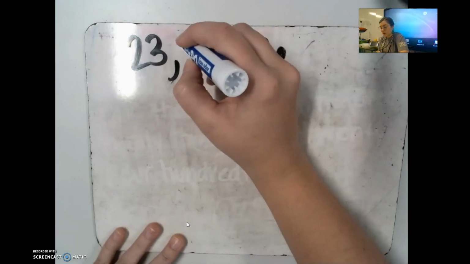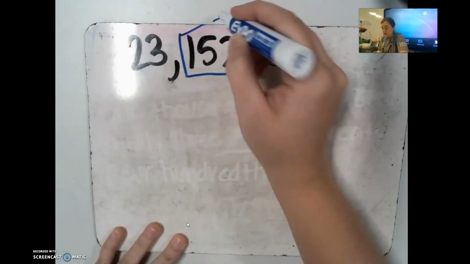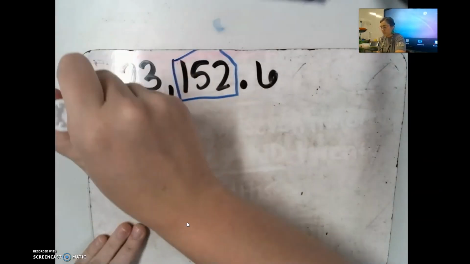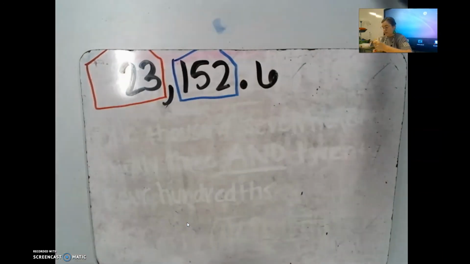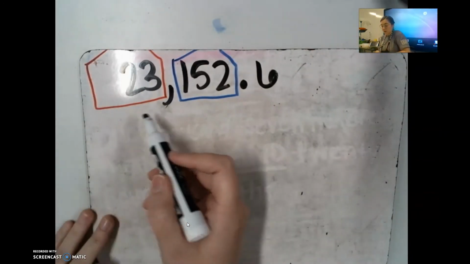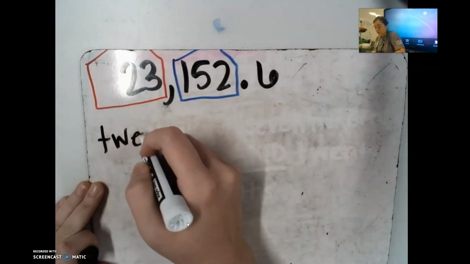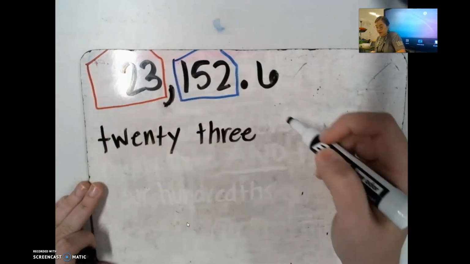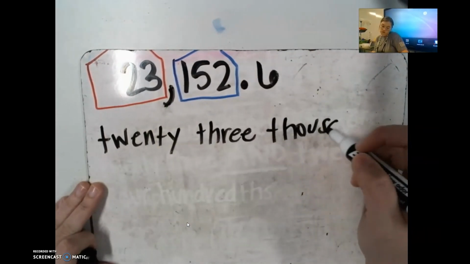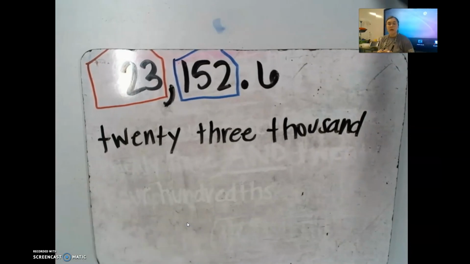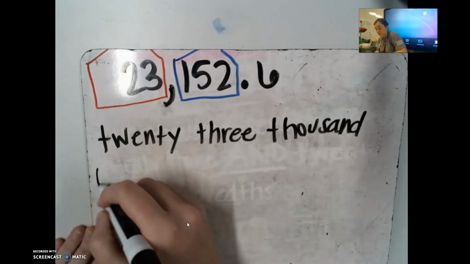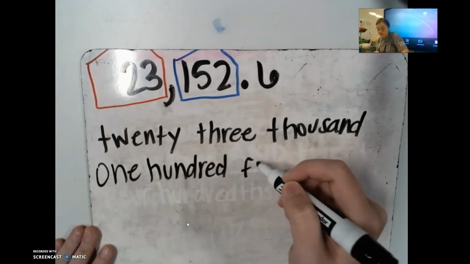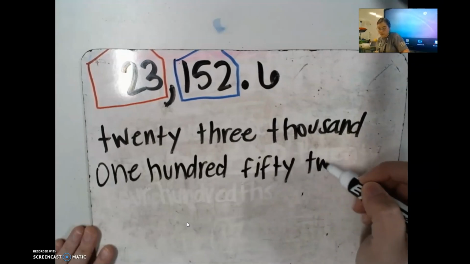Okay, so you should have unpaused by now. Ooh, I just wrote on my desk. This is the ones place, the ones period. That is my thousands period. So I know that this is 23, and I read at the comma, 23,152.